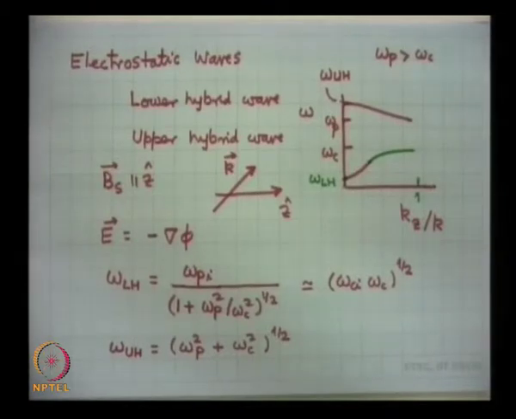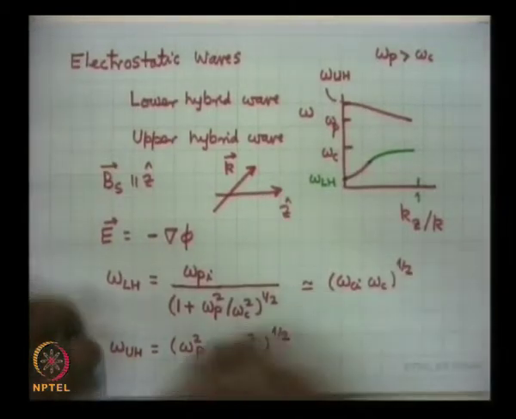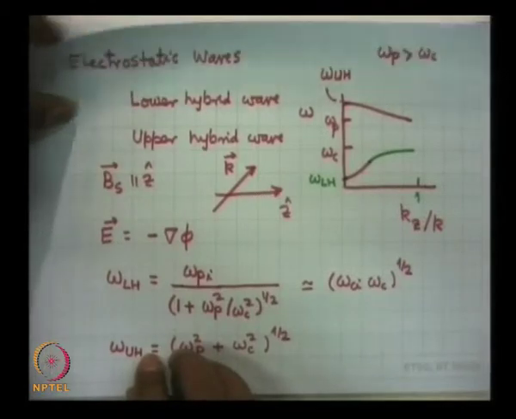So, a magnetized plasma is very rich in wave phenomena, and any of these waves can be employed for plasma heating. Now, let me mention what are the basic requisites for resonant wave particle interaction.